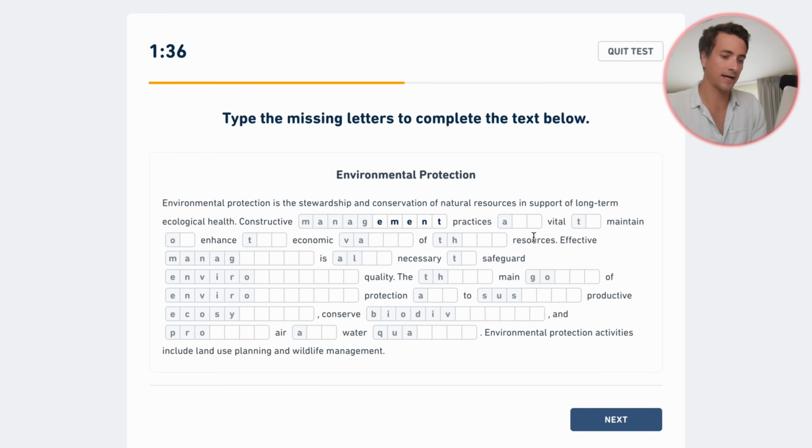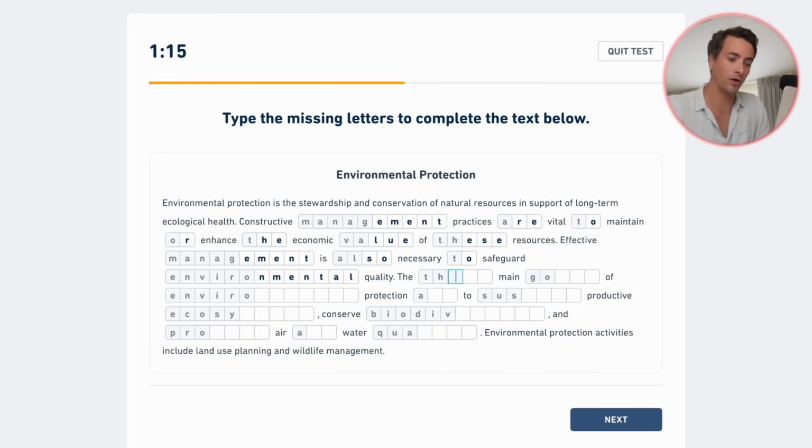Constructive management practices are vital to maintain or enhance the economic value of these resources. Effective management, again, so that's the third time we've seen that word now, is also necessary to safeguard environmental quality.